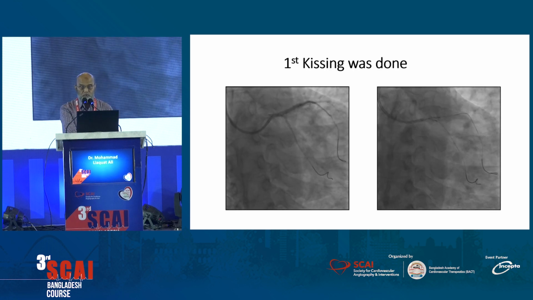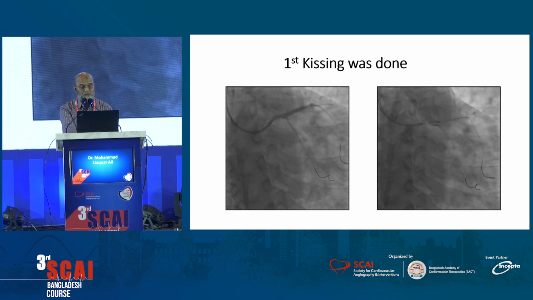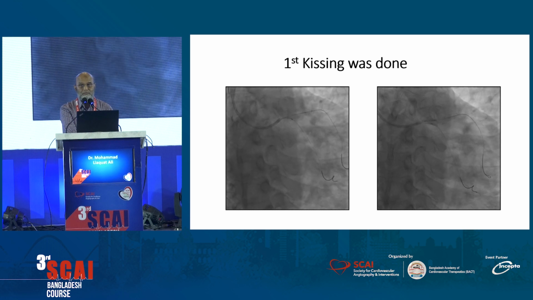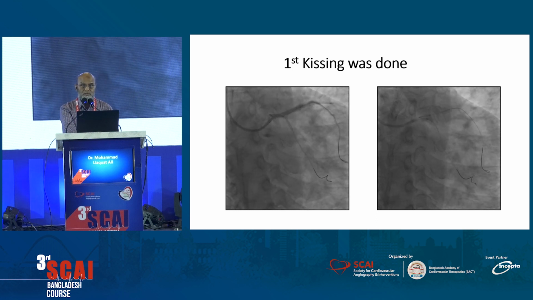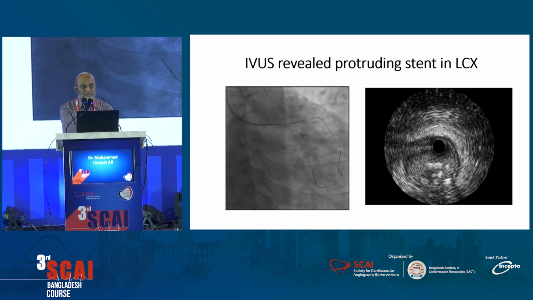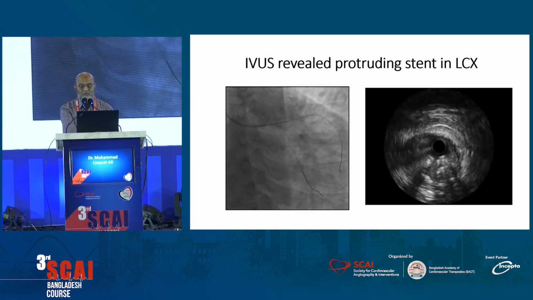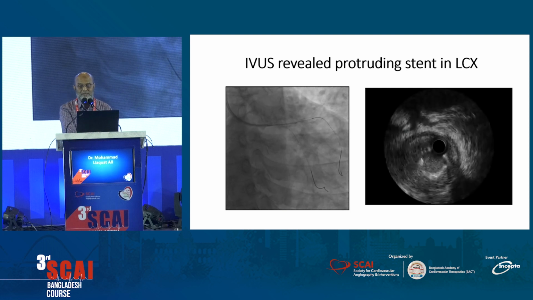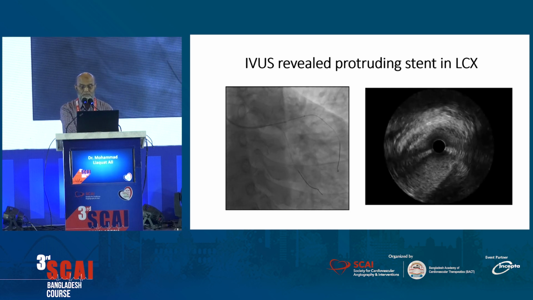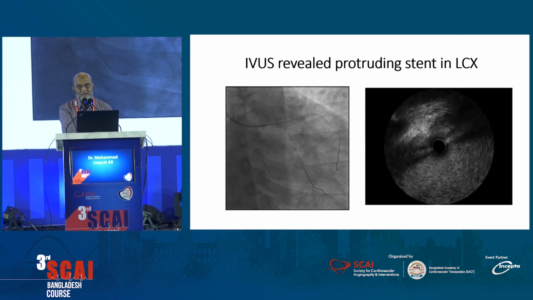But the protruded part in the left vein, what should I do? Because it is still floating in the left vein. So the way I had was to stent the normal left vein, so I can have a safe journey. So I did the IVUS and I found that the stent, the LCX, is floating in the left vein.